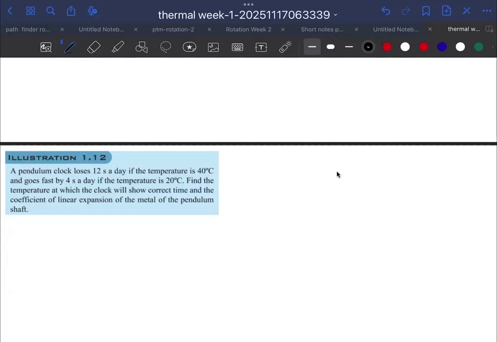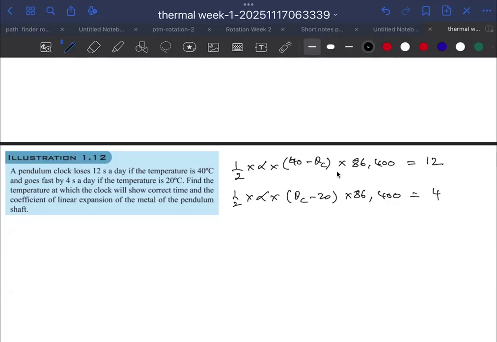Half into alpha into (40 minus theta C) into 86,400 is 12. Any doubts? Half into alpha into (theta C minus 20) into 86,400 is 4. Any doubts?